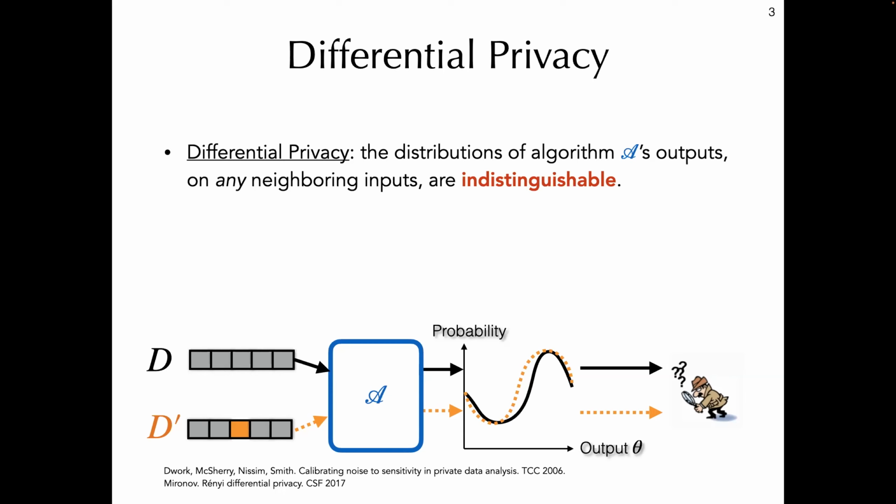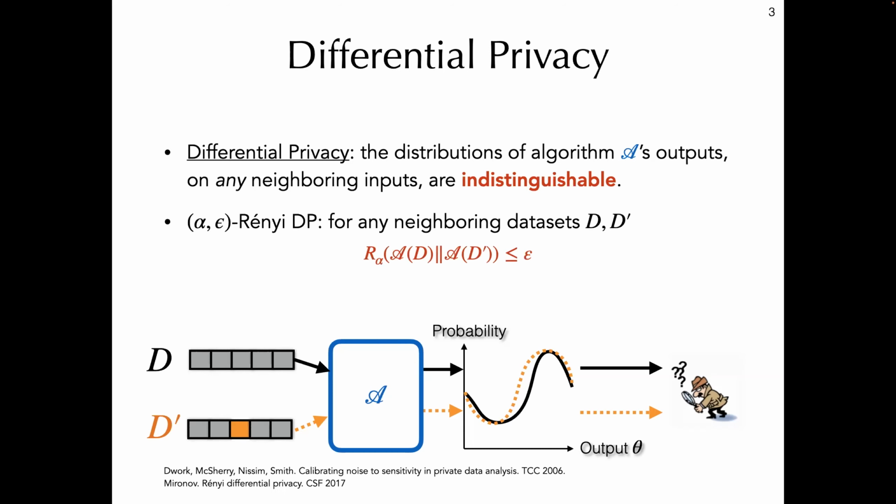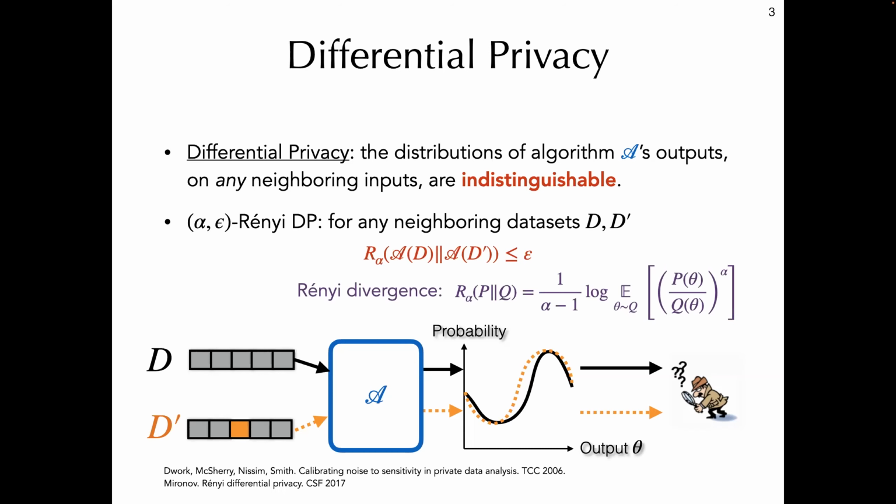In this paper, we focus on the Rényi differential privacy notion, which quantifies this indistinguishability with the Rényi divergence. We use this mainly because it's convenient for our analysis technique, and it can also be easily converted to the standard epsilon-delta differential privacy.